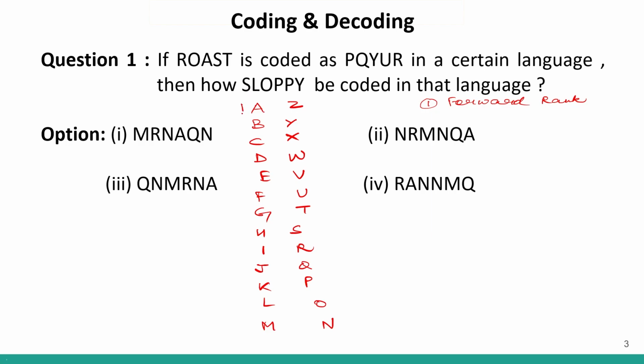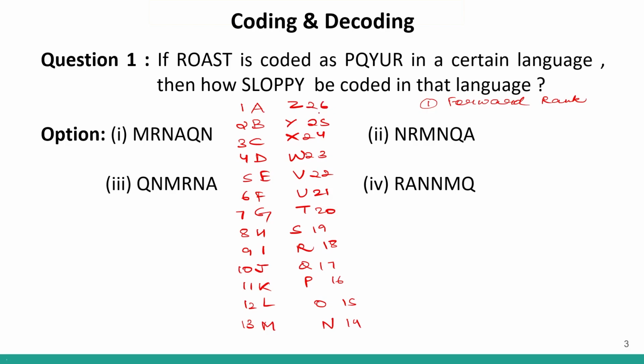That means A is 1, B is 2, 3, 4, and so on up till 26 for Z. These are our forward ranks. Basically, we assign them numbers in an increasing order.